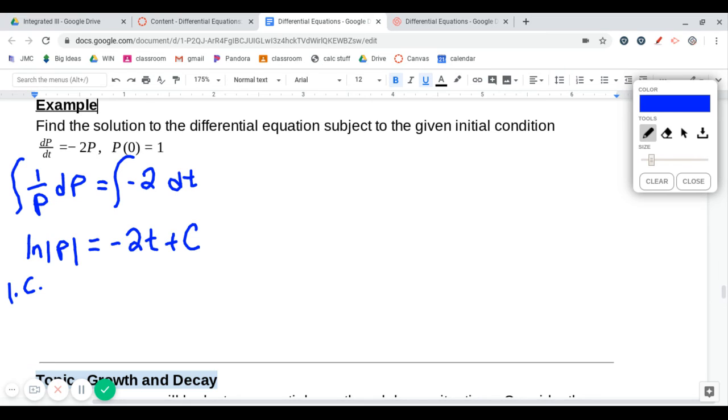Which means if we plug in 1 for p and 0 for t, we can find c. So this will become the natural log of the absolute value of 1 equals negative 2 times 0 plus c.